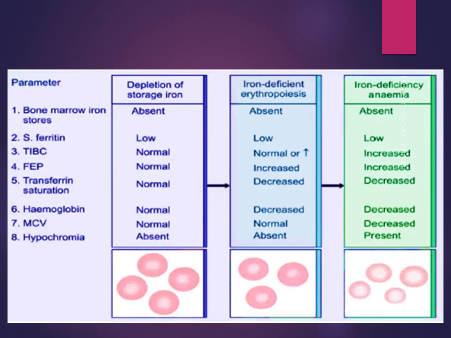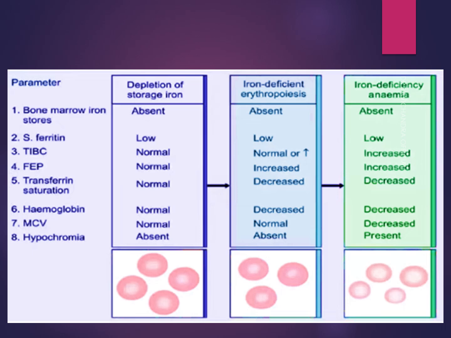If this goes on continuing, there will be a stage where hemoglobin is produced which is deficient in iron.